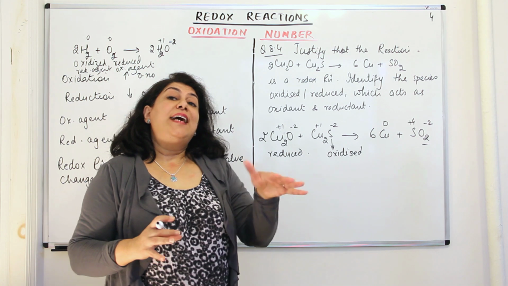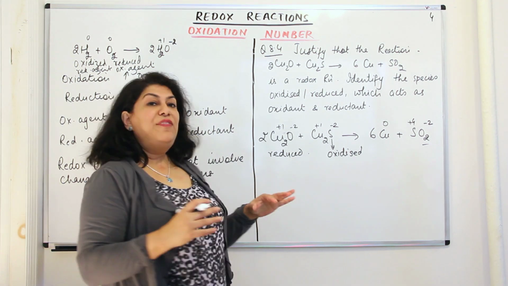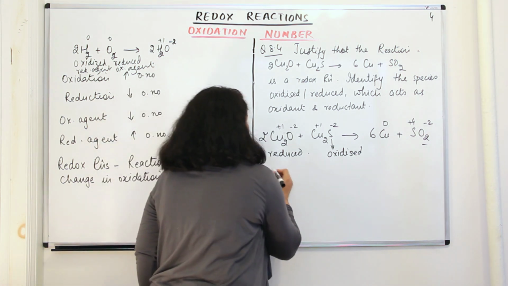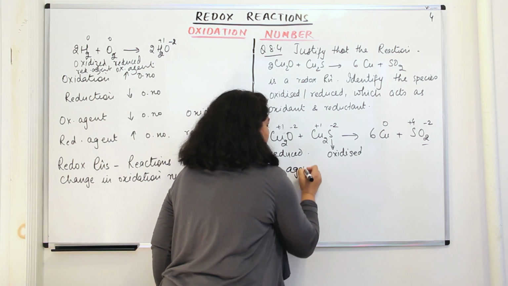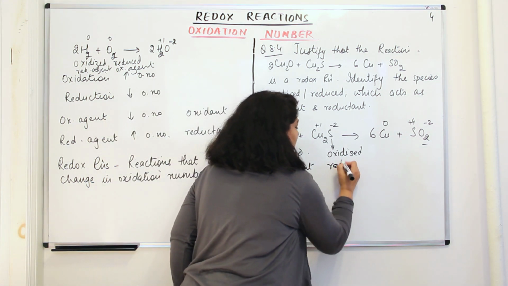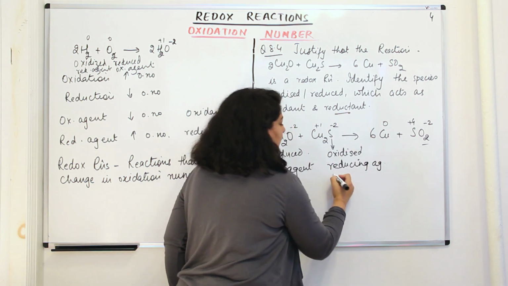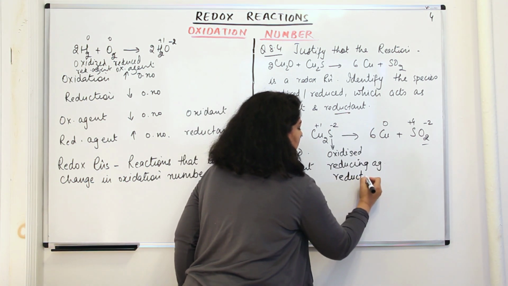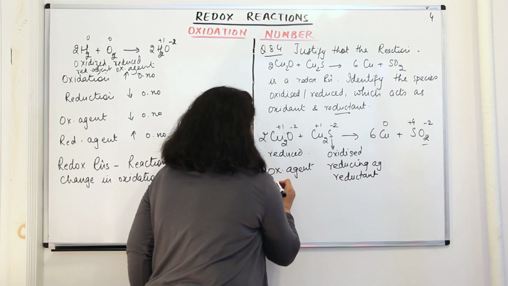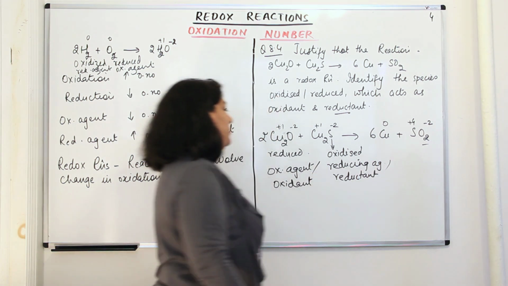Now, what is the oxidizing agent and what is the reducing agent? Anything that itself gets reduced acts as the oxidizing agent. And anything which itself gets oxidized acts as the reducing agent or reductant. Reductant and reducing agent is the same. And oxidant, you can call it the same thing.